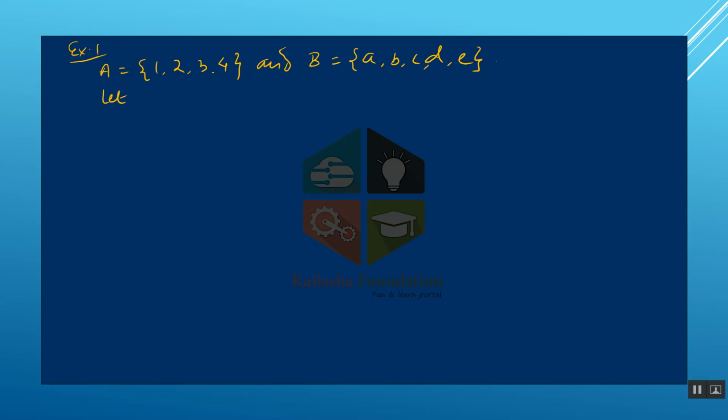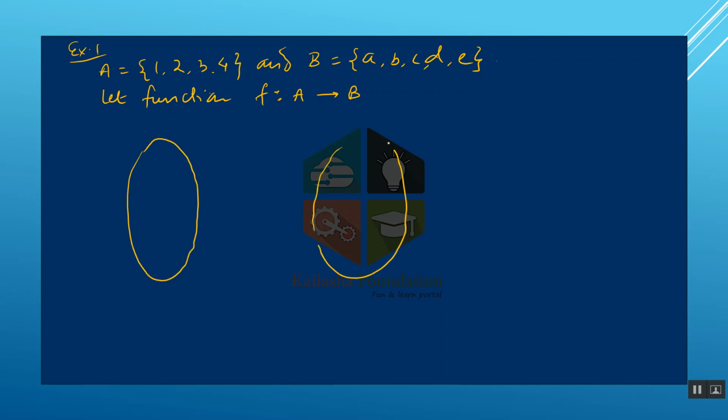Let function f be from set A to set B. Yes, we read it like that only. f is a function from set A to set B. It is an illustration.